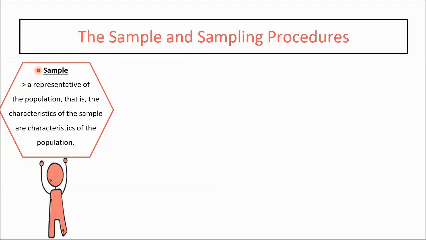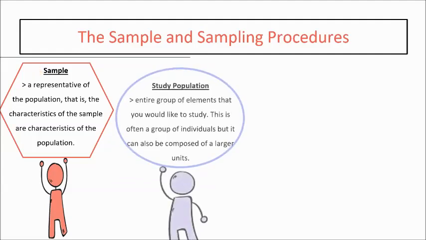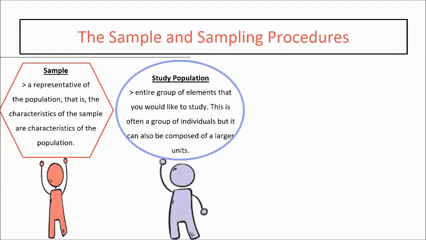Then there is the population, because you will get that sample from what we call the study population. So the study population is the entire group of elements that you would like to study. This is often a group of individuals, but it can also be composed of a larger unit.